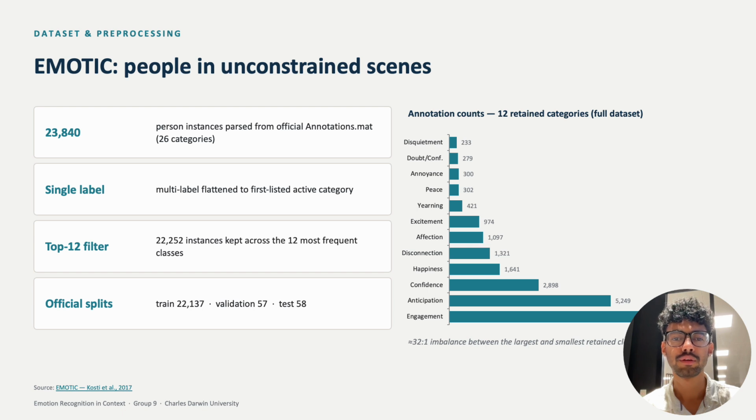The final split was around 22,137 training images, 57 validation images, and 58 test images. A major issue was class imbalance, where some classes had many examples while others had very few. This strongly affected the final model results.